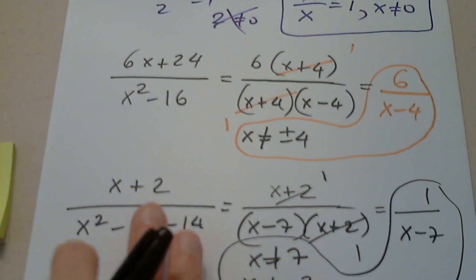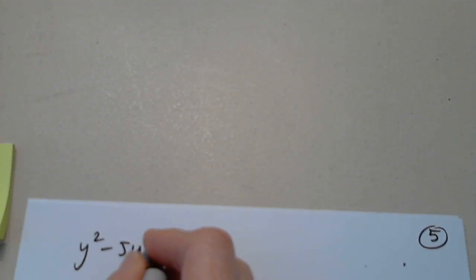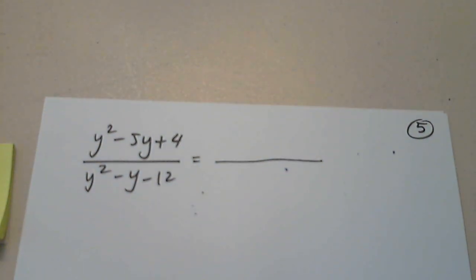Okay, so let's work on the next one. We're still simplifying. We haven't gotten to multiplying and dividing rational expressions yet. So we have y squared minus 5y plus 4, everything divided by y squared minus y minus 12. Of course, we have to completely factor the numerator and the denominator before we do anything else.